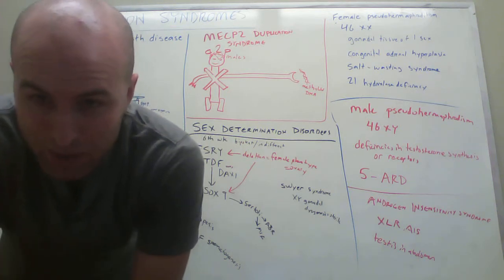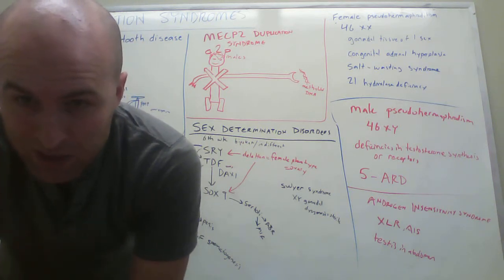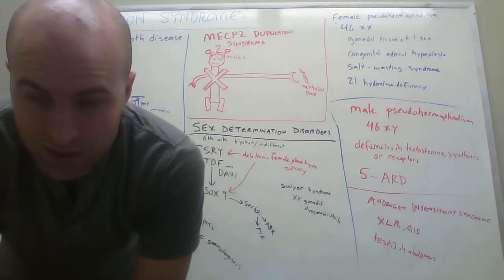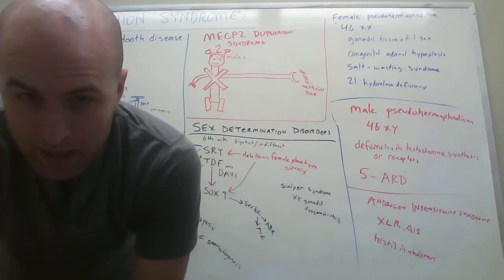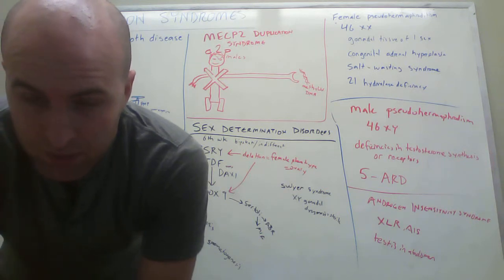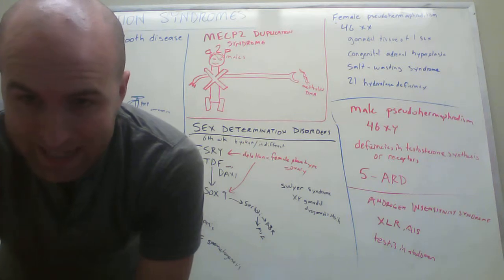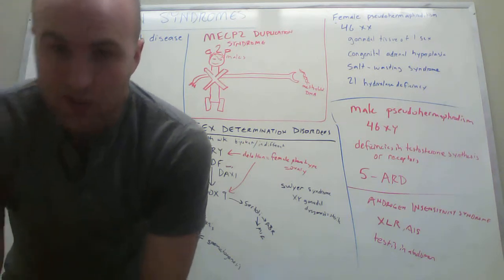So they have normal testes, but incompletely masculine or female external genitalia. So basically, it's a man who has a vagina or maybe just a little tiny penis or something like that. And it's usually deficiencies in testosterone.